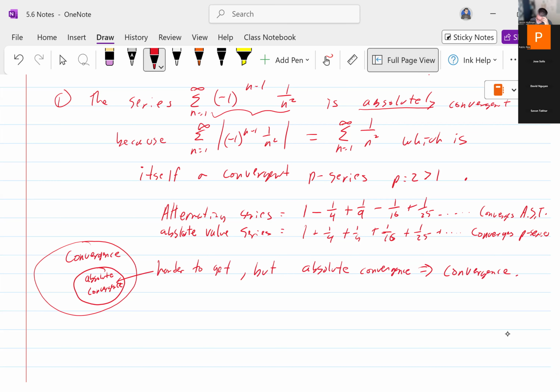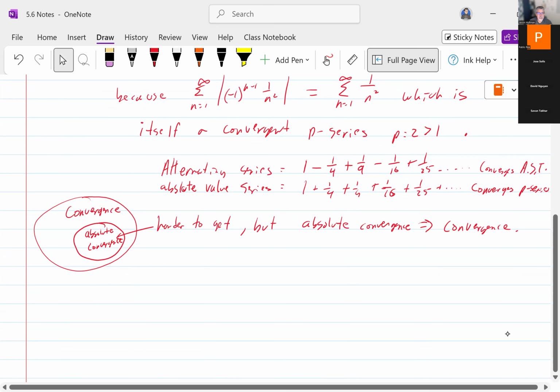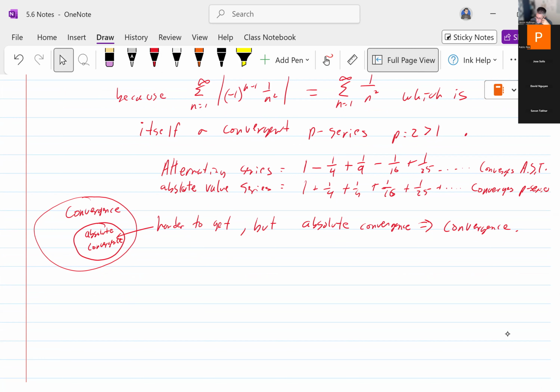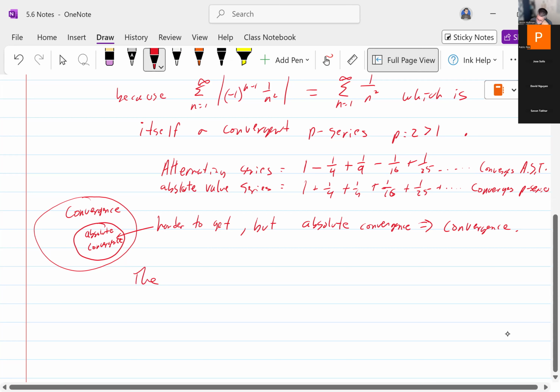Can something be convergent but not absolutely convergent? Absolutely. If we take the series, we'll call this example 2, the alternating harmonic series, n equals 1 to infinity, this is convergent by the alternating series test.